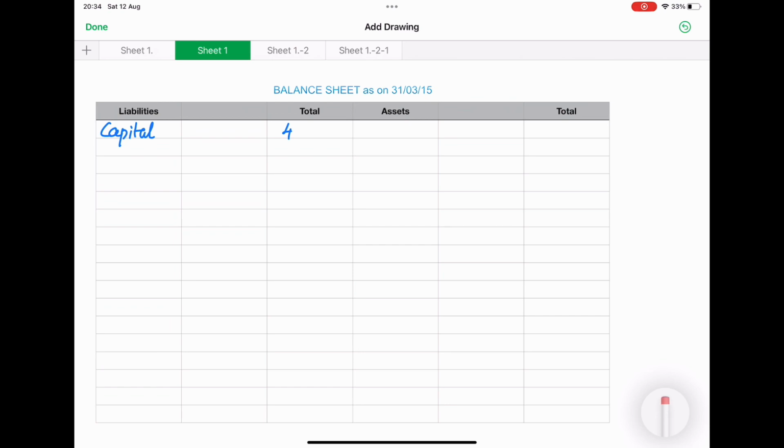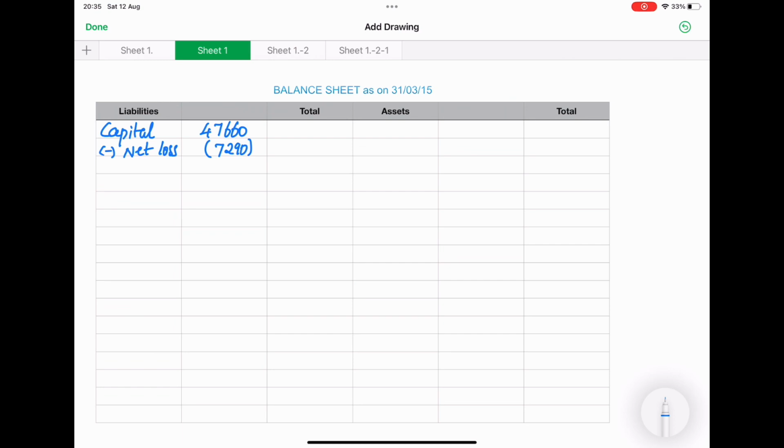I'll write it in the inner column. We have net loss now, we have to deduct that. So 47,660 they have given. Next we have to less net loss. How much net loss do we have? 7,290.